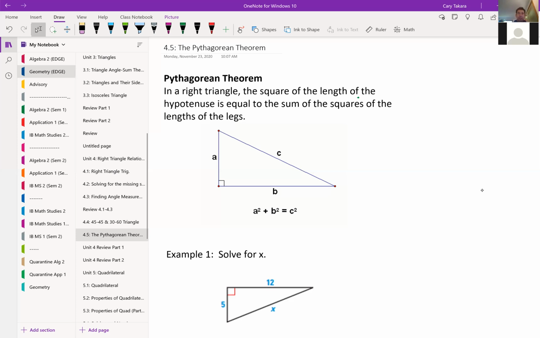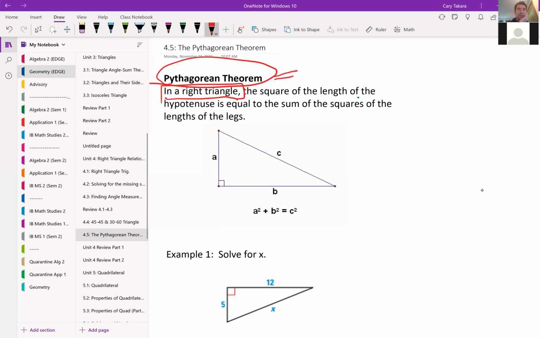So the Pythagorean theorem says a squared. So let's write it down. You don't need to write this whole thing. Well, let me read that first, okay? Because it's confusing, but it really isn't. It says in the right triangle. So Pythagorean theorem, first of all, has to do with a right triangle.